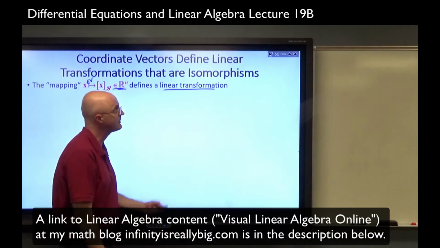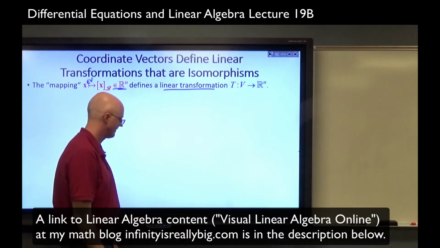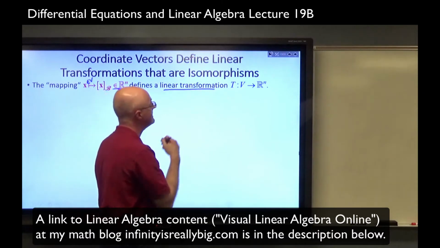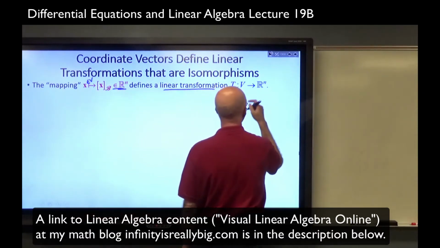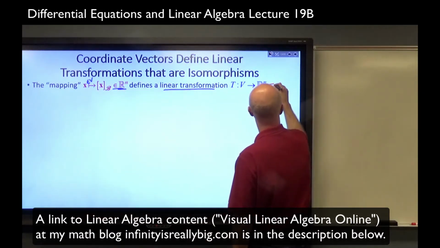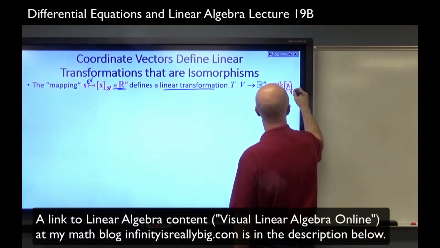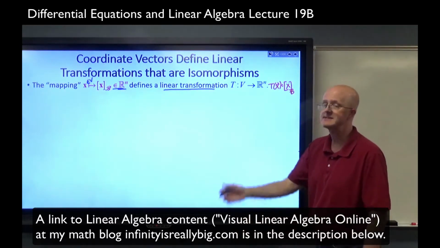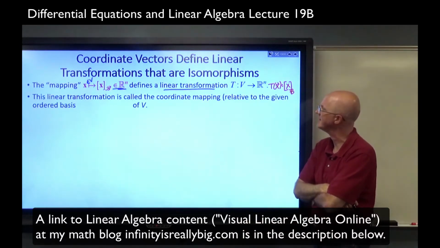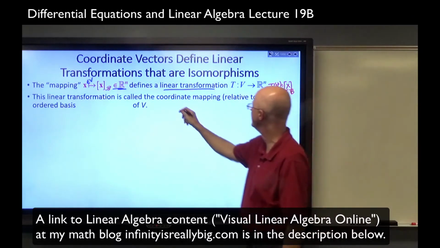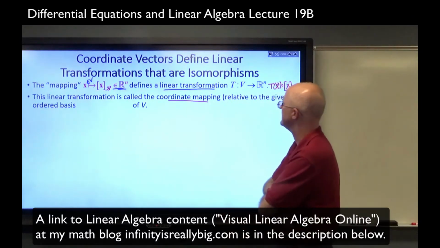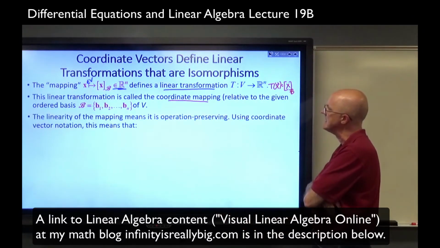And we could call it T if we want. So if I call it T, with domain V and codomain Rn, I could also write T of x is the coordinate vector of x. I could write this equation here. Turns out this is a linear transformation. It's called the coordinate mapping relative to the given ordered basis B of V.